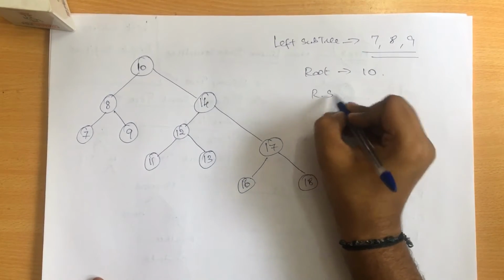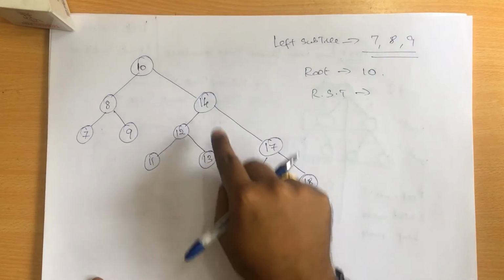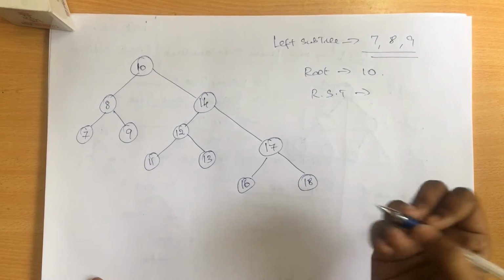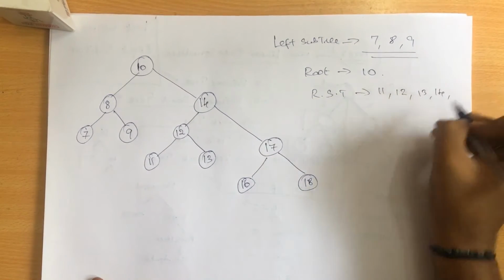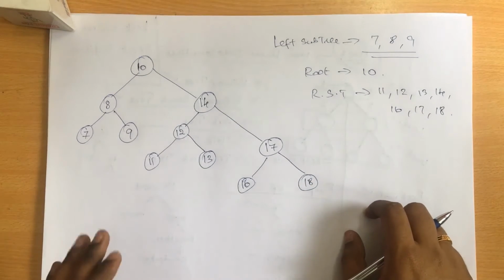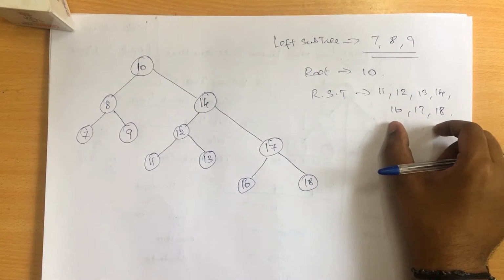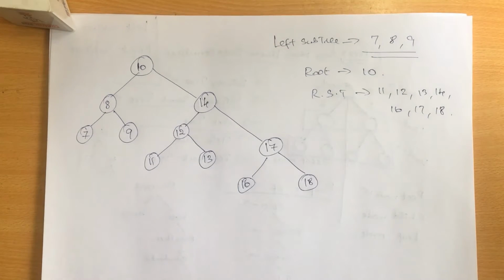In the right subtree we have the values 11, 12, 13, 14, 16, 17 and 18, right? So these are all the values we have in the right subtree. So let us write it as 11, 12, 13, 14, 16, 17 and 18. If you see this, the number of values we have in the right subtree is actually greater than that of the left subtree. So now let's try to find the height of the tree.